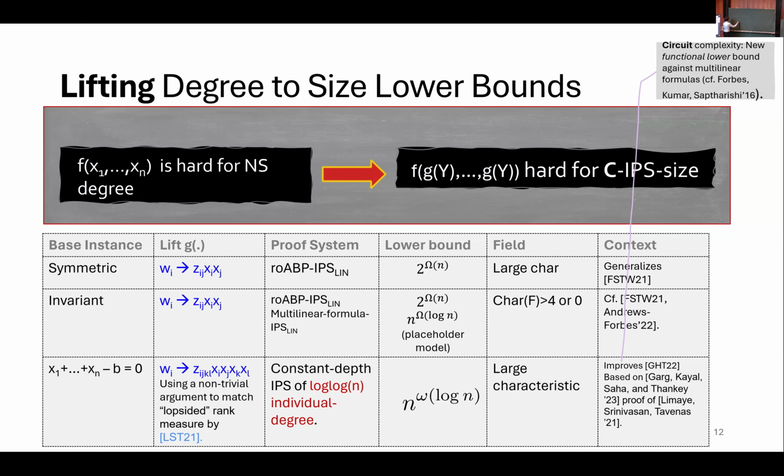It's like Einstein notation. So Z, I, J, K, L, X_I, X_J, X_K, X_L. So this I call a lift of the subset sum, which is just Xi. So I just replace it.